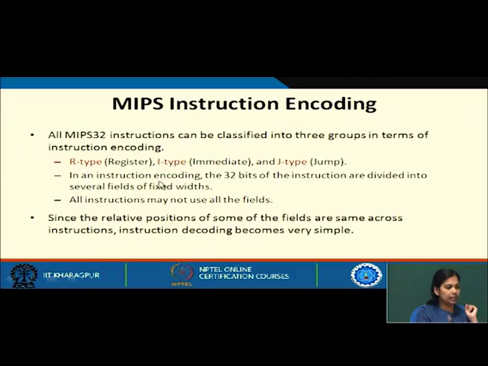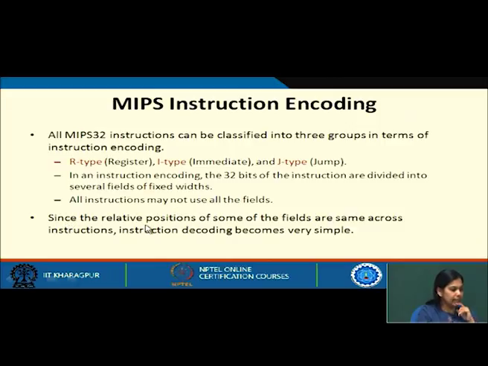In an instruction encoding, the 32 bits of the instruction are divided into several fields of fixed width. We have already seen instruction encoding from a general perspective. In this case, we will be seeing instruction encoding for MIPS, and all instructions may not use all the fields, but those will be specified. Those are fixed fields. An instruction may use it, an instruction may not use it.